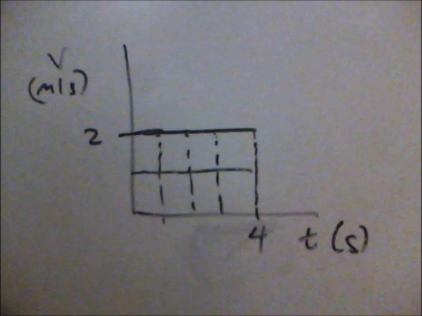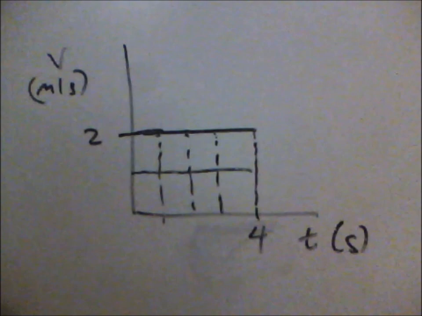Another thing that's useful to remember from your freshman course is that the area under the v-t graph has a meaning. So here I tried to draw an object moving at a constant speed of 2 meters per second for 4 seconds. And I tried to draw little boxes below that, each box being 1 meter per second tall and 1 second wide.